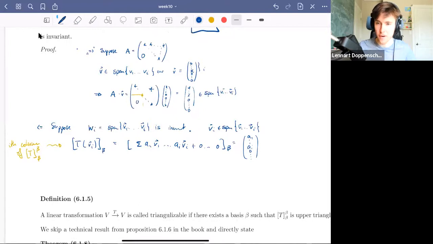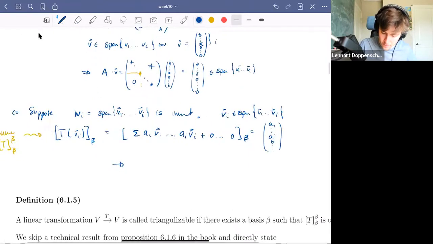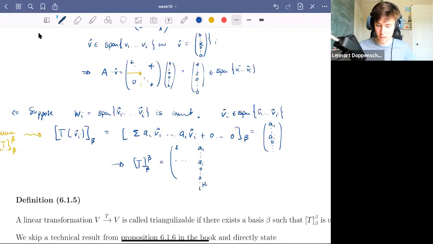So if this is the ith column, and we can do this for every column, then this implies that the matrix has the form that the ith column has entries a1 up to ai and then zeros. But this means that the first column, for example, has an entry in the first entry, and then zeros, and so on. So this means that it actually is upper triangular.